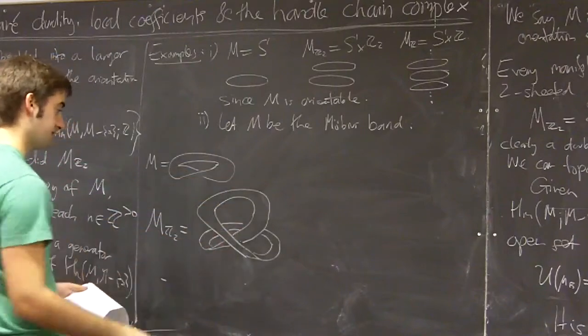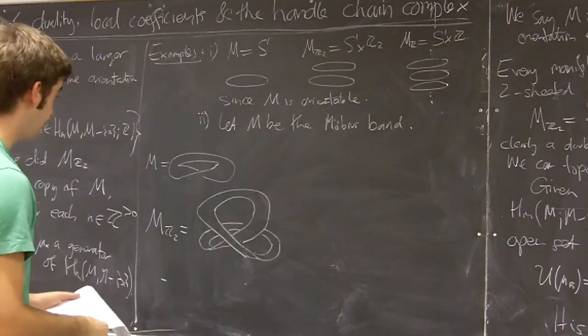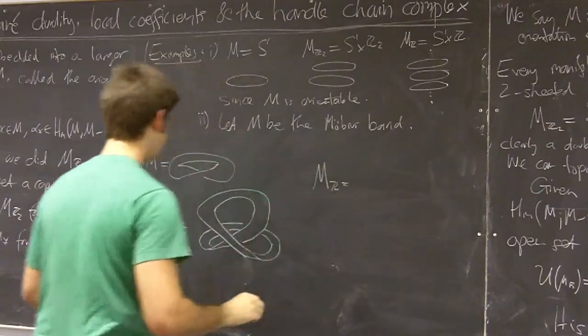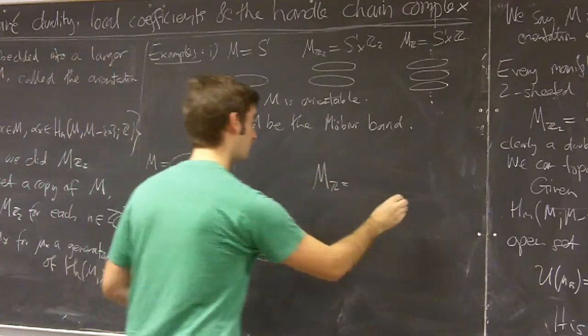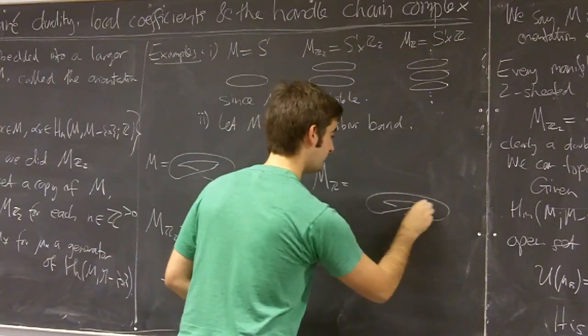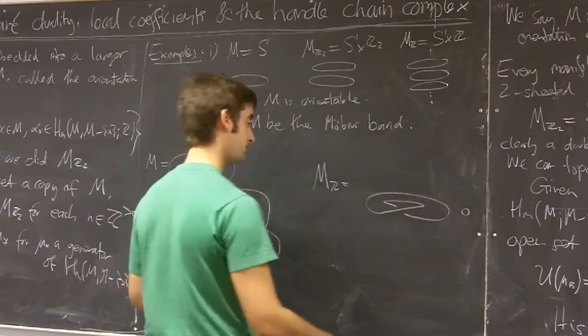So 2 sheets and orientable. And then this M sub Z is going to be a single copy of the Möbius band in the middle. So this is at the height 0.